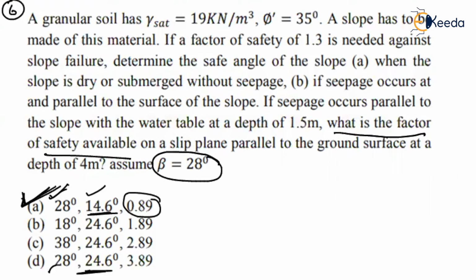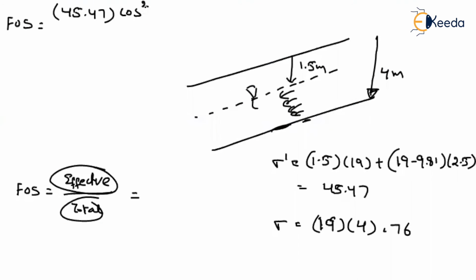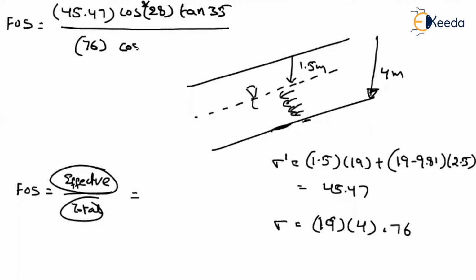If your angle is 28 degrees, what is given is 28, into tan phi, tan 35 degrees, divided by the total value 76 into cos 28 into sin 28. So if you solve this, you will get a factor of safety of around 0.89.